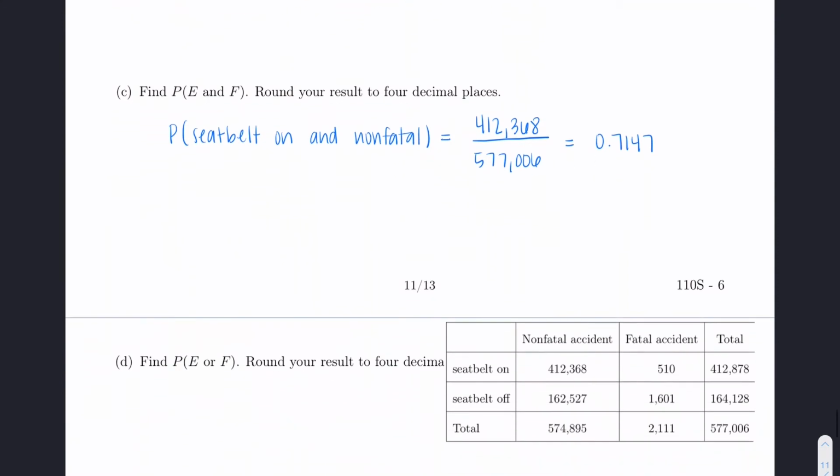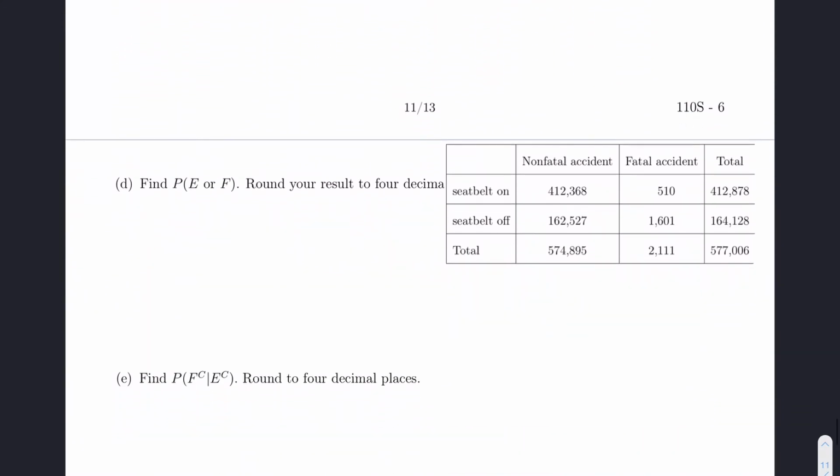Part D is asking us to find the probability that the driver was either wearing their seatbelt or was in a non-fatal accident. So seatbelt on or non-fatal. And so here I'm going to have to use the rule where I find the probability of seatbelt on first, add the probability of non-fatal, and then subtract the probability of both.